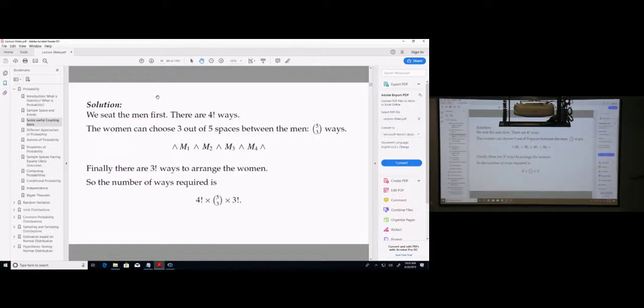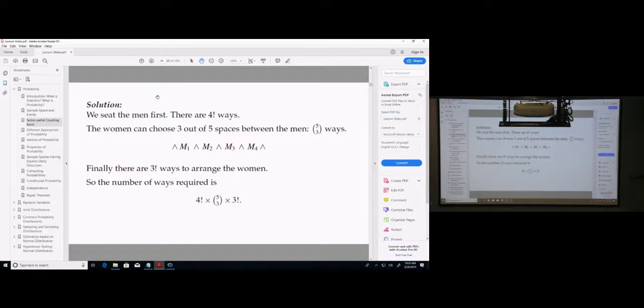All right. And then, of course, once they are seated, the women can rearrange themselves to give different arrangements. So this is a 3 factorial way of doing it. Is that all right? So I guess the best thing to do is you sort of here.